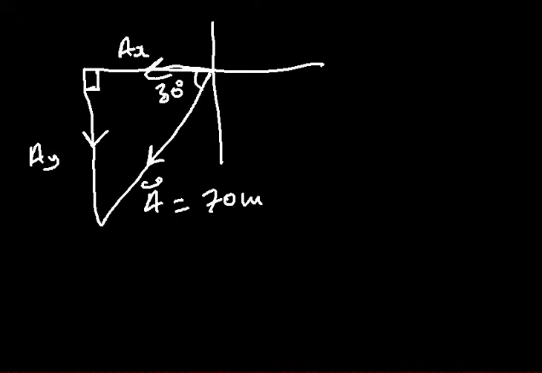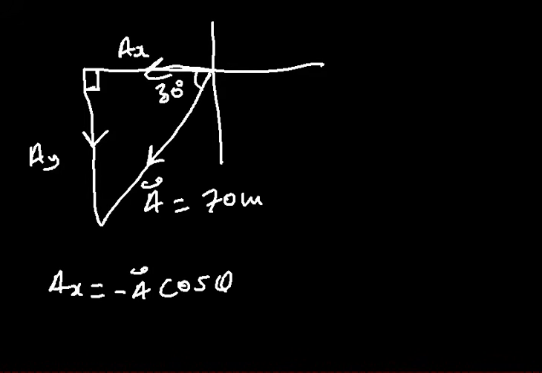And since they are pointing towards the negative directions, they are all negative. So this is adjacent over hypotenuse. Now we have Ax being given as the negative of vector A cos theta. And why negative? Because it is pointing towards the negative direction.